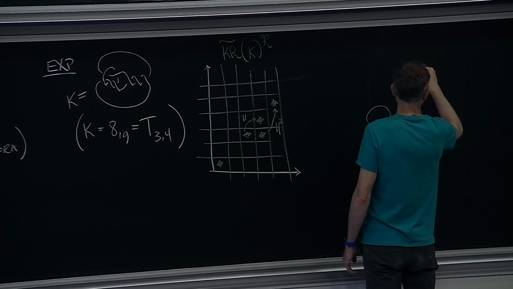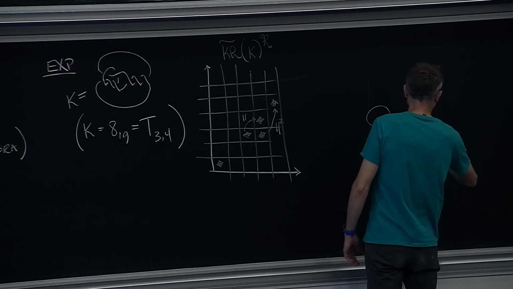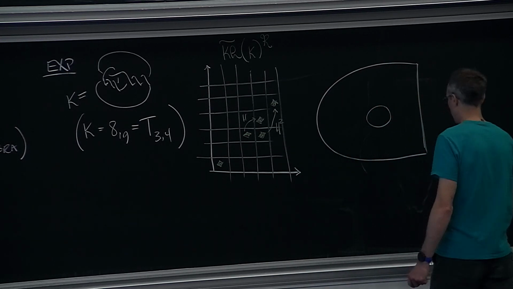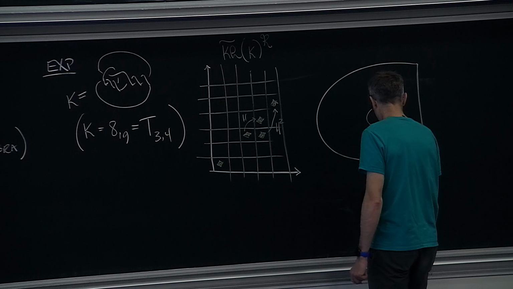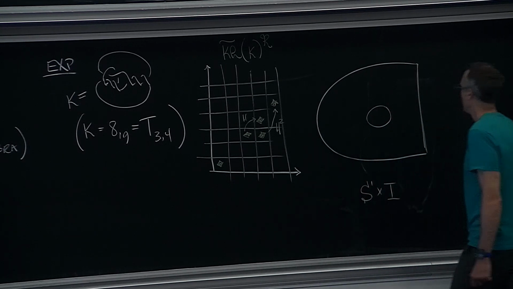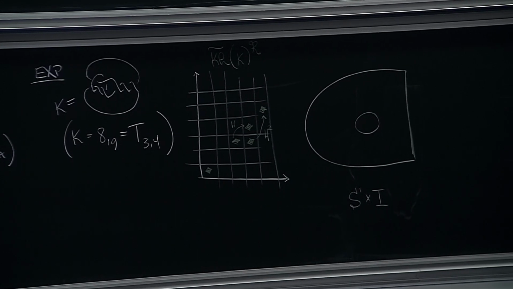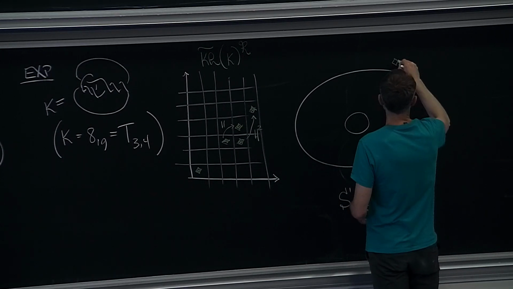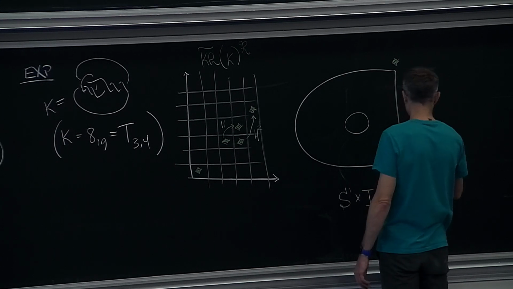Okay, so representation. Decorate things suggestively. So here's a certain annulus, S1 times I. The way to read the algebra off this picture is that you've got this green arc sitting in the boundary.